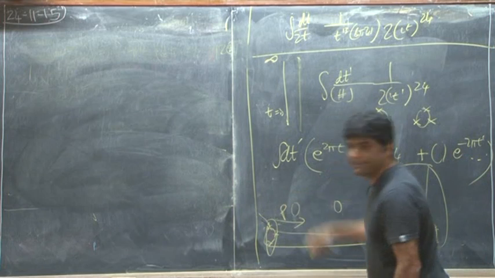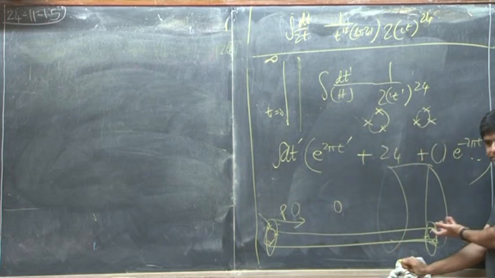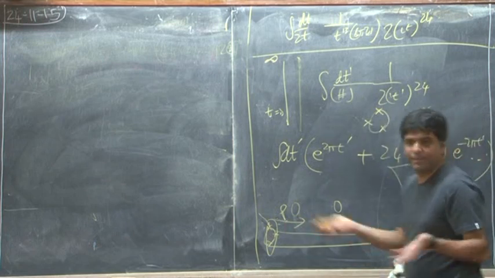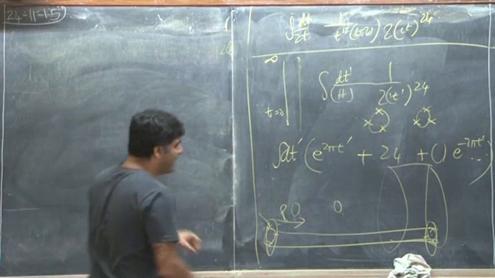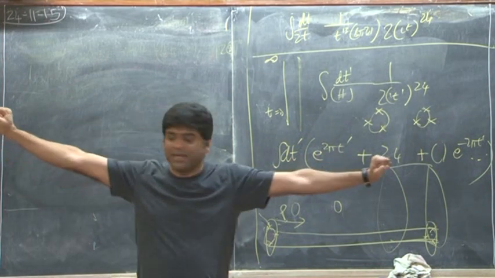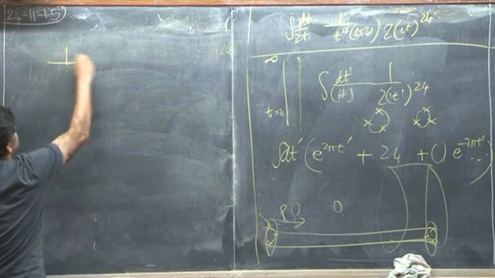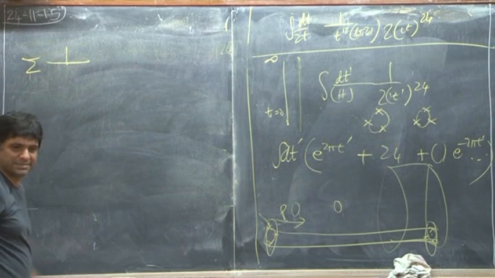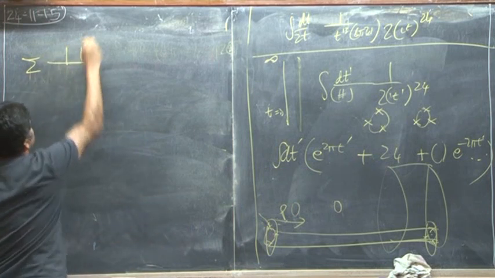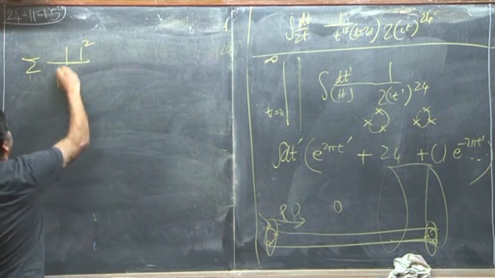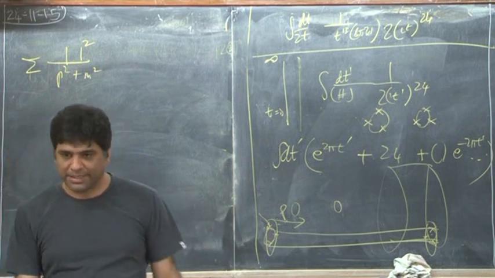Let's say some momentum P in here, and whatever's injected here is eaten up here because of momentum P. Okay? And so what do we expect? Because we're in this limit where we're propagating over very large distances, you expect the first term, the lightest term. You expect some series which is matrix element squared divided by p squared plus n squared for all of the states of the closed string.